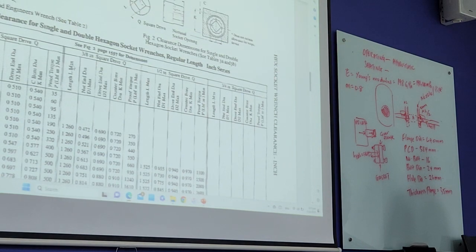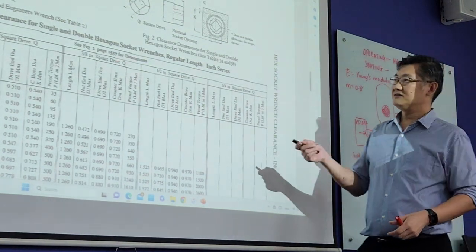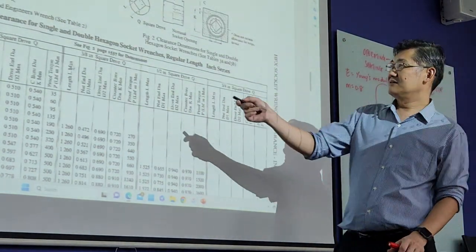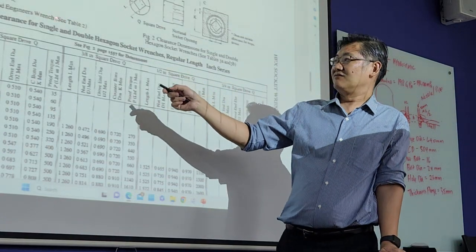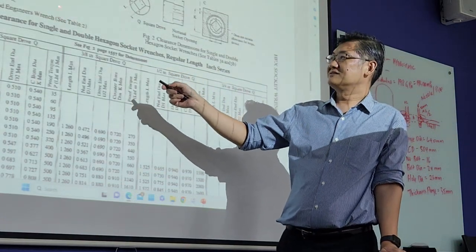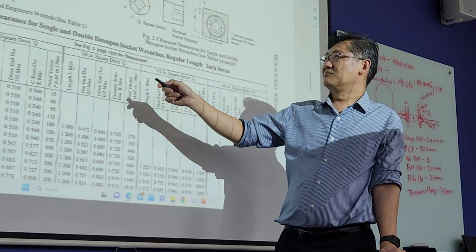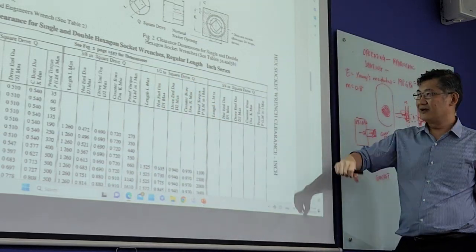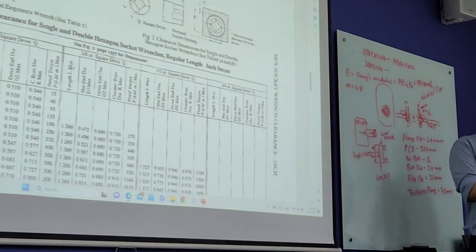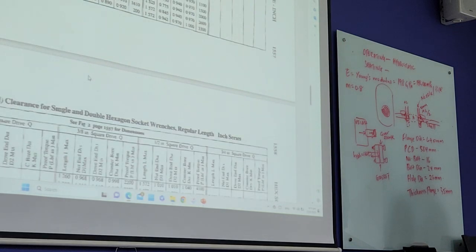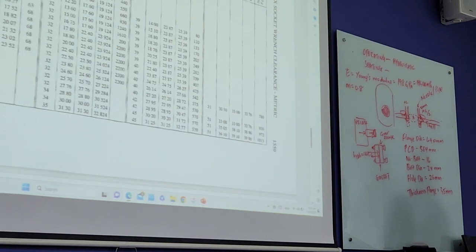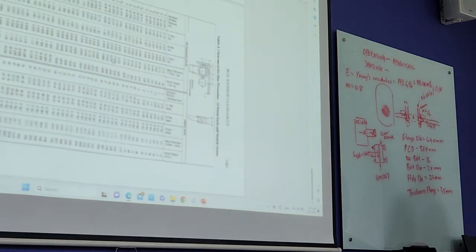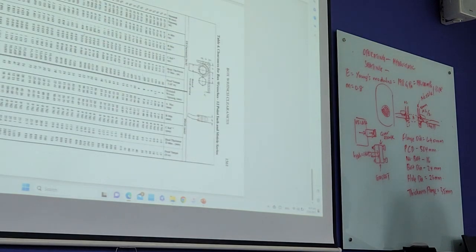Okay, so this one you can see. After you get all this detail, you can find from here whether the clearance is sufficient for us to tighten the bolt or untighten at the same time. So mainly we will use this.